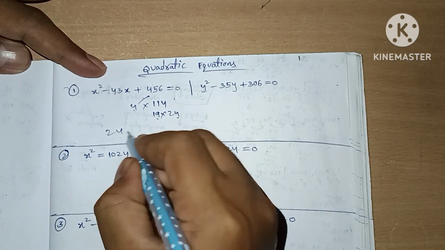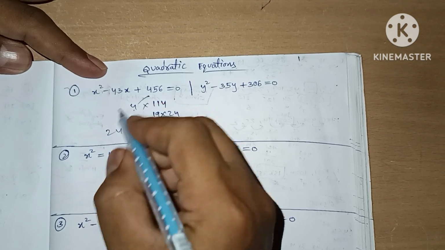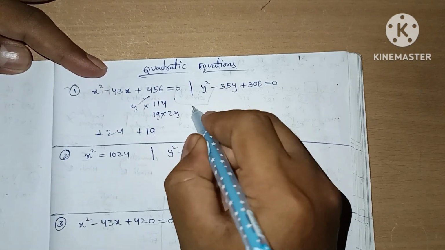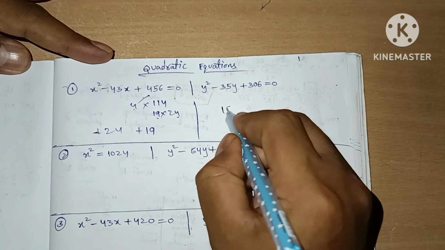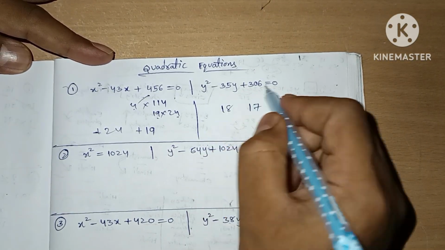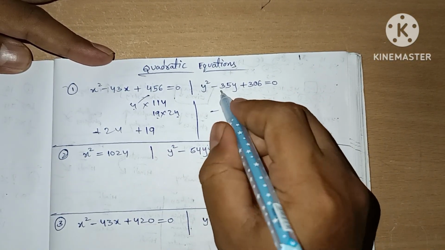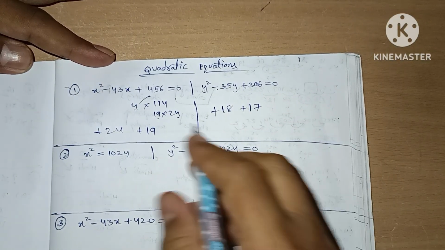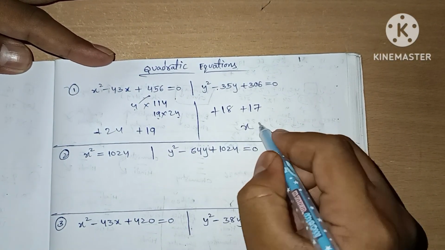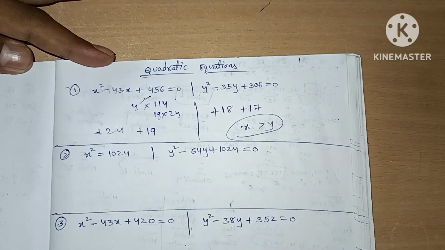So these are the roots, 24 and 19 are the roots, minus and plus. So the roots are positive. Here 306. I know 306 as 18 17 times will be 306. This is why we need to know 20 into 20 tables. Minus and plus means the roots are positive. By comparing these two, it is clear that x is greater than y.